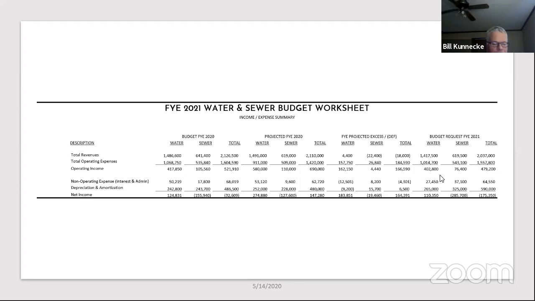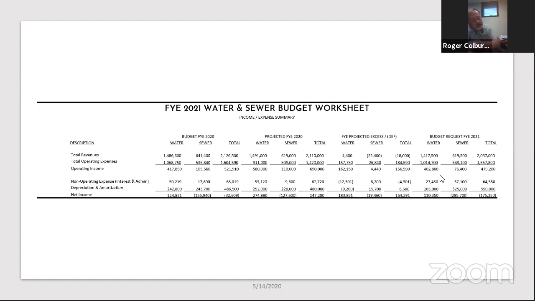You take those three cost categories that we discussed: personnel expenses, professional services, and commodities and maintenance. And that's how we derive the total operating expenses. And then you see that line item titled operating income. That can show you what you've got to operate on before you have to start dealing with your debt and cash flowing things.